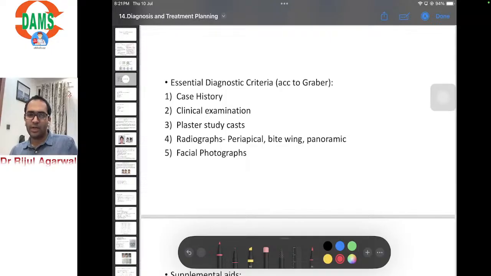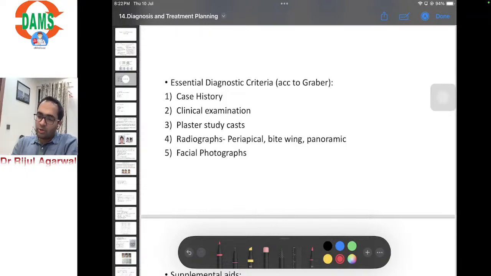So first is obtain a proper case history. Next, clinical examination. Obtain proper study models. Sir, should we study from Proffit? That's a question which I'm not able to answer correctly. Reason being, for every subject there is a proper standard textbook.